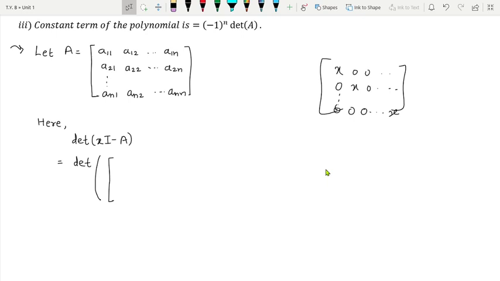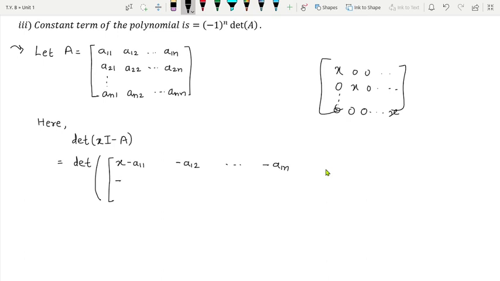First of all, just focus on the diagonal elements. Diagonally we have to add x to minus A, so it will be x minus a11, this will be minus a12, and so on, this will be minus a1n.